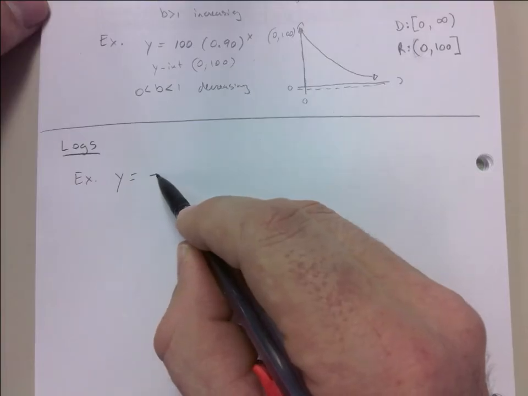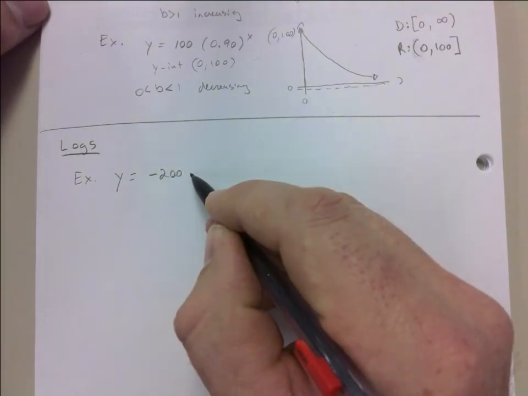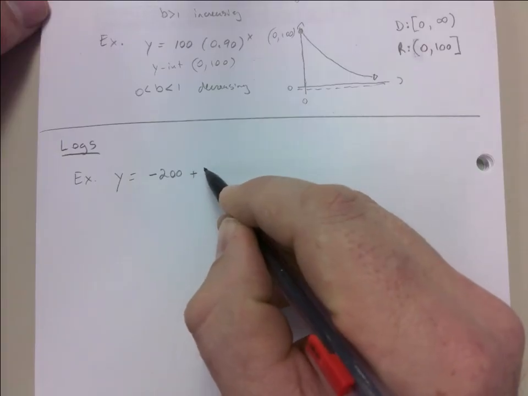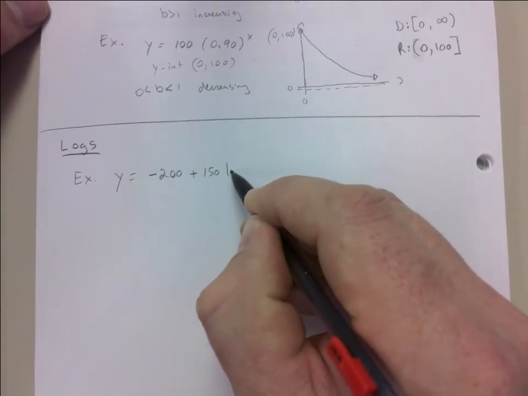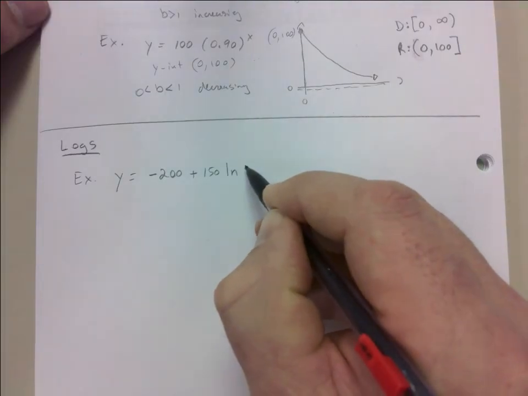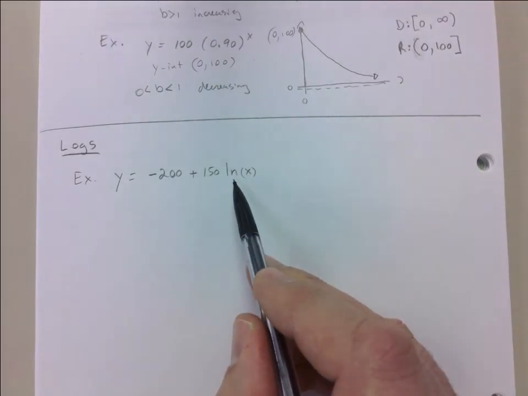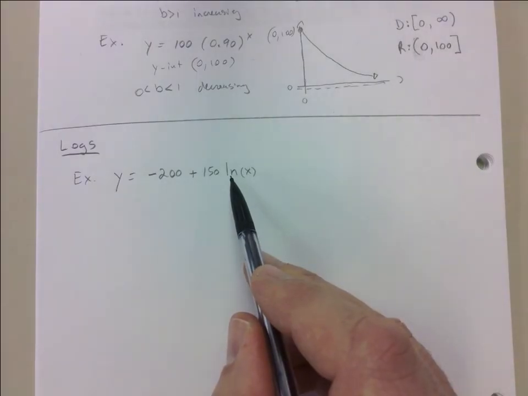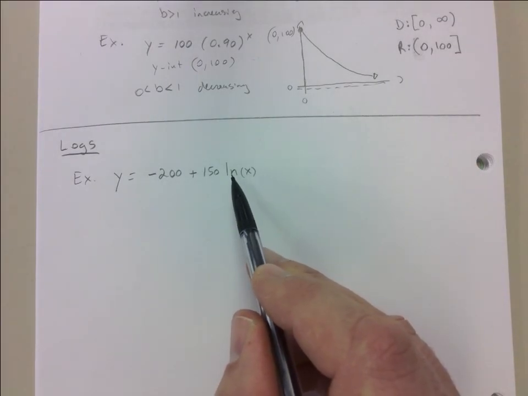This could be negative 200 plus 150 natural log of x. And this could be log or it could be natural log. So if the equation is given to you, you have to type in the correct one.